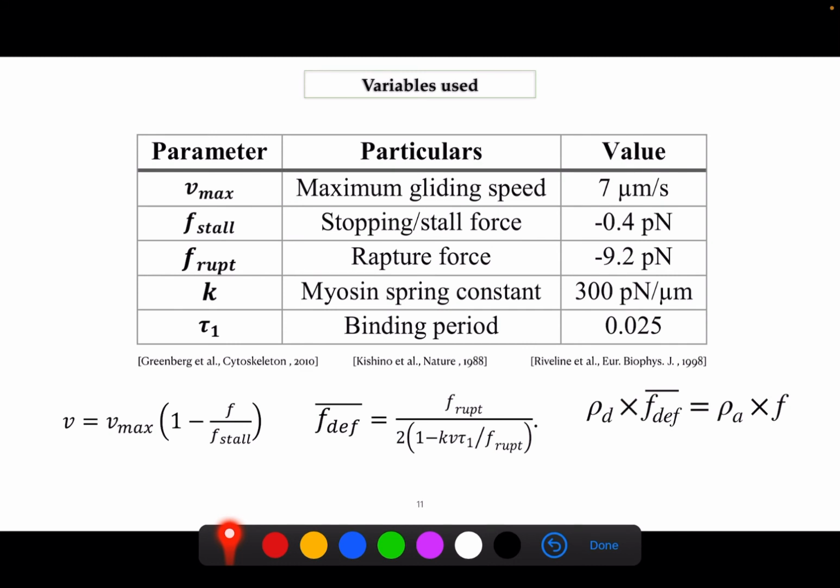We solved for these equations. The force velocity equation, the time averaged of the defective forces, considering the impedance per active myosin, and the product of the defective motor binding to the actin filament and the time averaged defective forces is equal to the product of the active binding motors and the force that facilitate the movement of the actin filament.